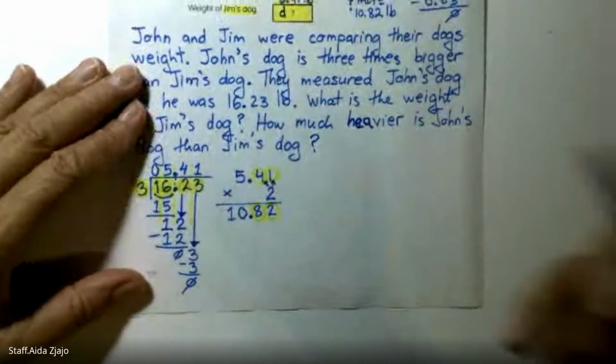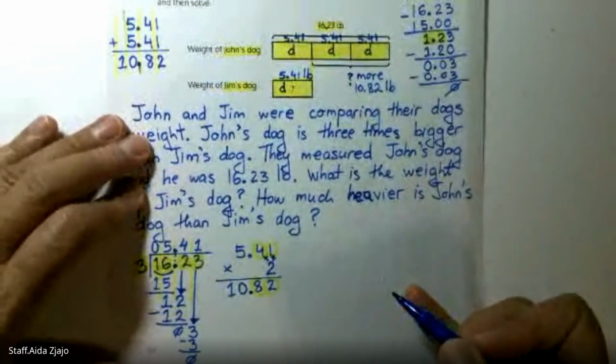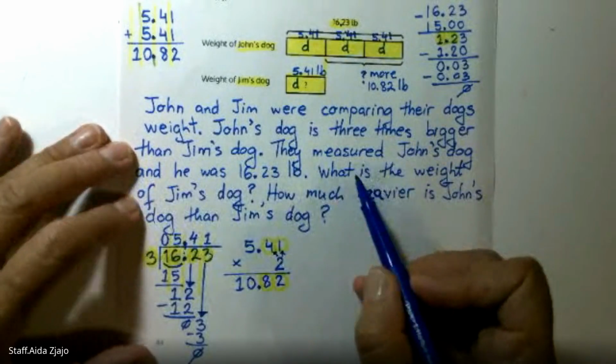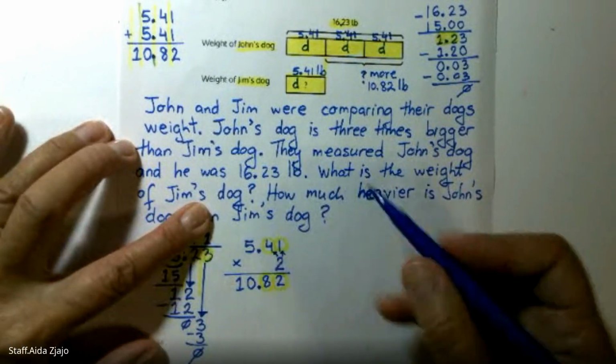Okay, so now it's time for us to write the answer. I'm going to make it smaller so you can see all the things that we did. My question was, what is the weight of Jim's dog?